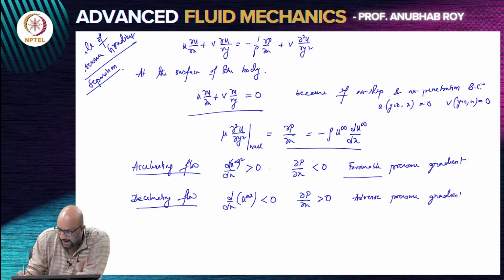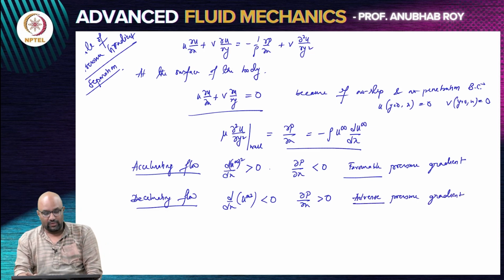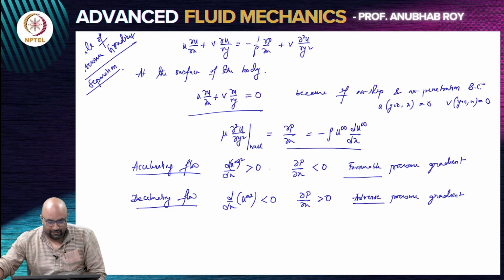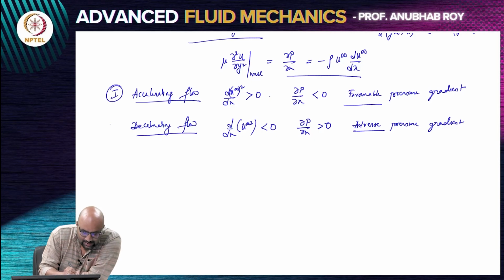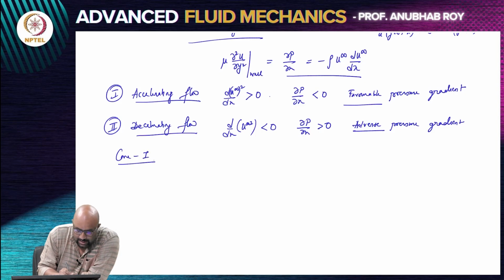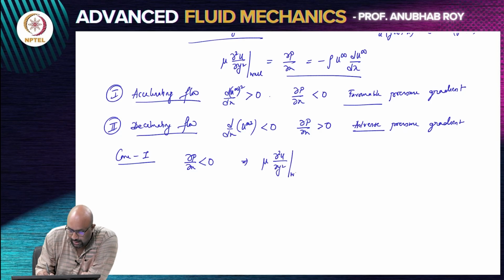Once again, we have attached an adjective here. So we'll see what's the consequence of this. If we take the accelerating case, I'll label that as case 1. In the accelerating case, I have a pressure gradient that is negative, which means μ ∂²u/∂y² at the wall is negative.